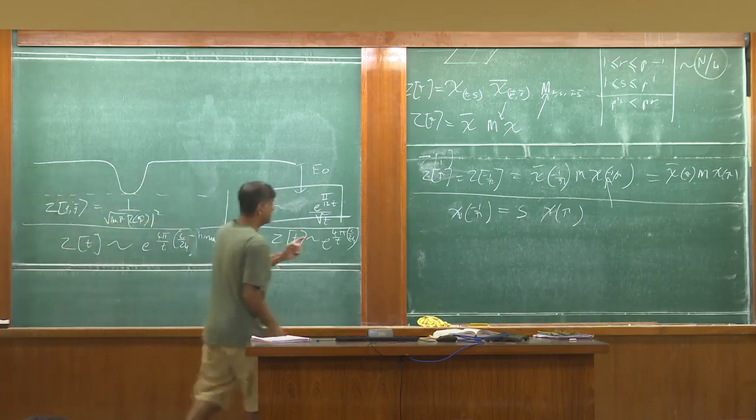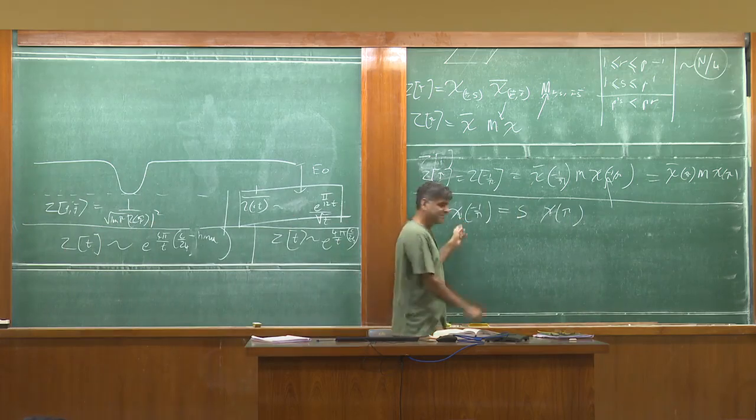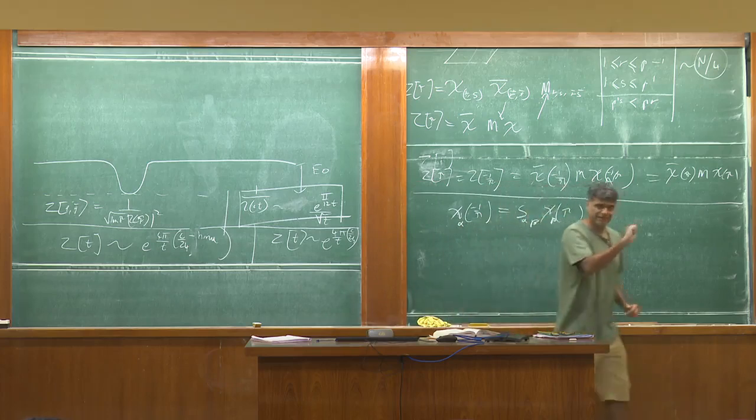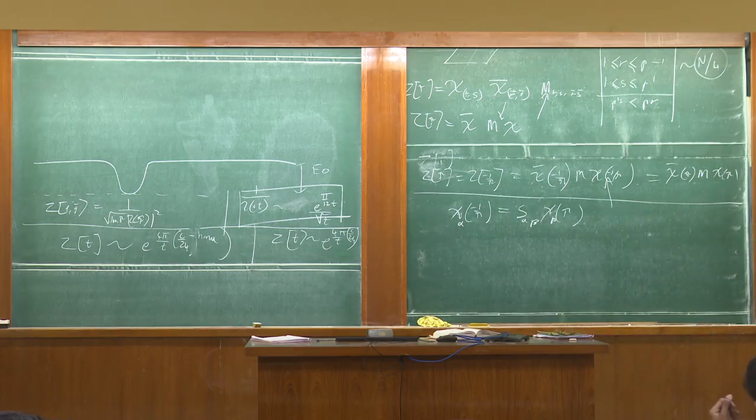This is again a matrix equation, because each of these chi's carries a label. So if I put a label here, I'll get an alpha, and a beta label here, and beta summed over. It's a different kind of matrix from M because it has two holomorphic indices.